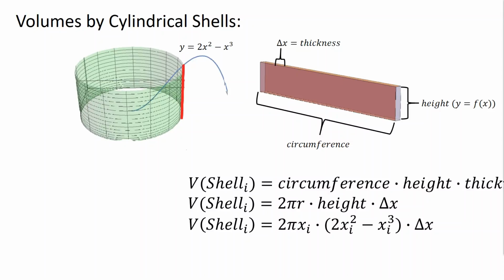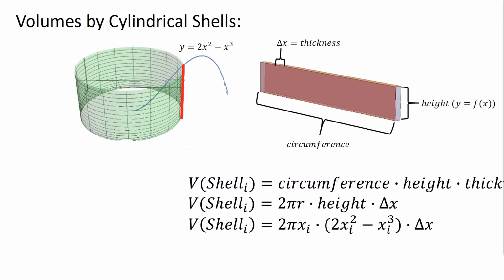So this cylinder, if I cut it open, I can find that it's going to have the same volume as some rectangular prism, where the length of that rectangular prism is going to be the circumference. The height of that rectangular prism is going to be determined by the distance from the curve to the x-axis, so the height is going to be y equals f of x.